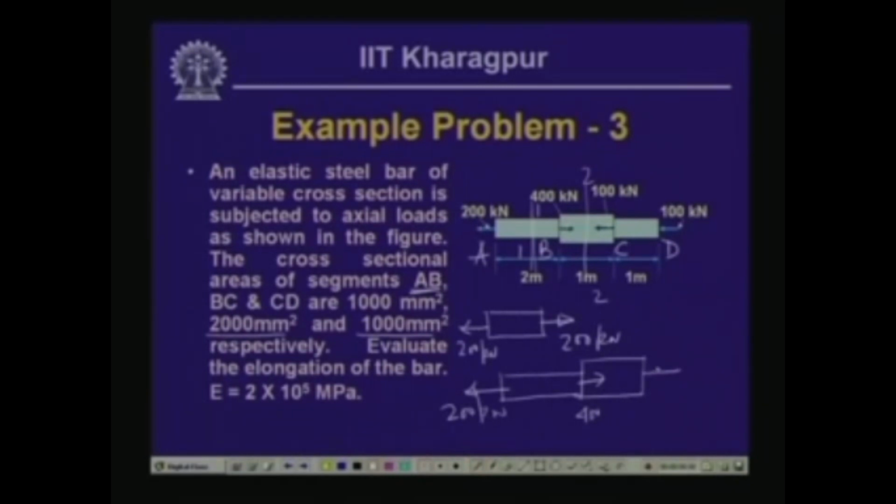So, it has to be balanced. So, this has to be 200 kilonewton. So, this is being pulled, it has a compressive force of 200 kilonewton, and if we take a free body at this part, then we have the free body part like this.